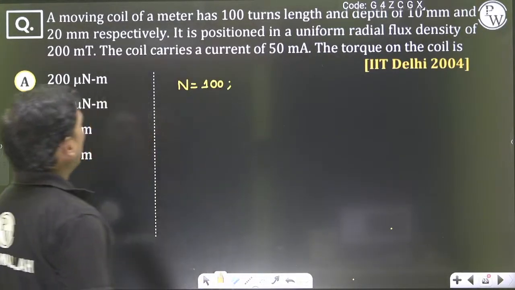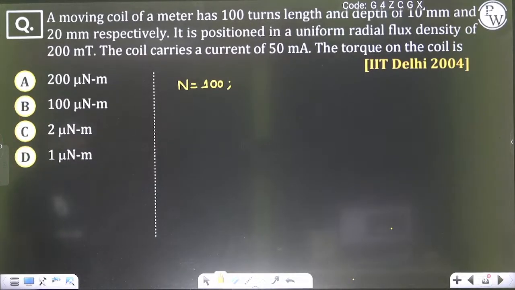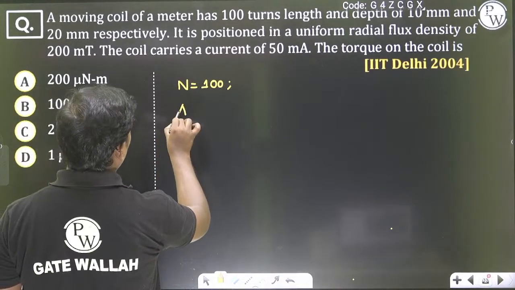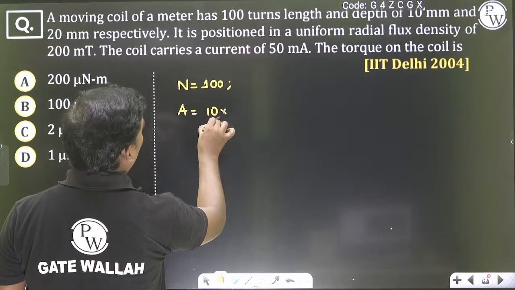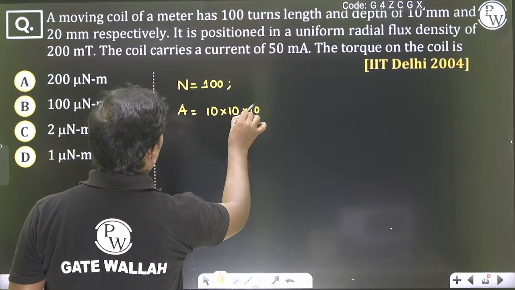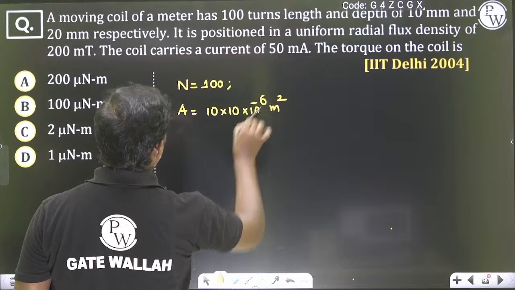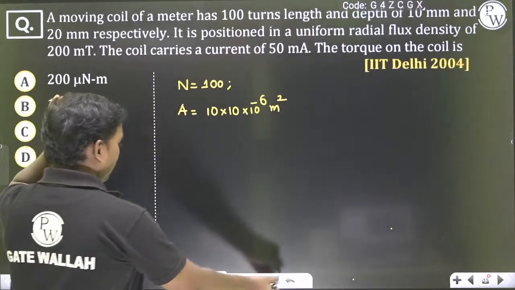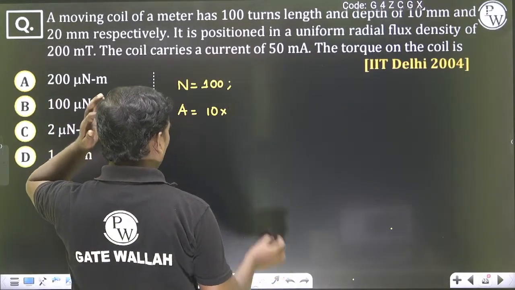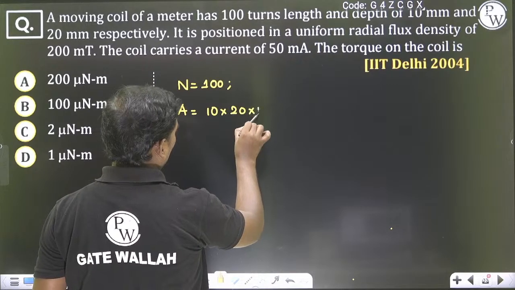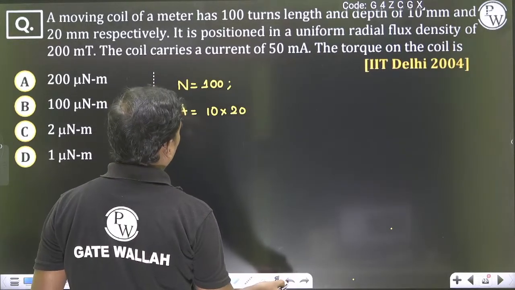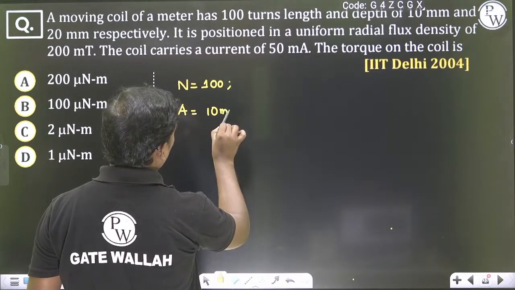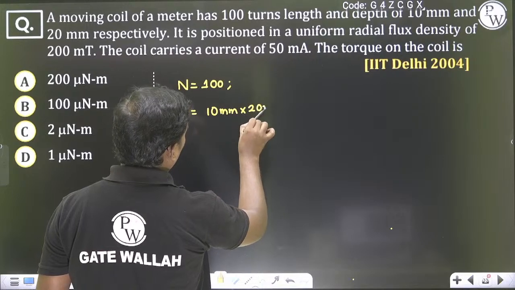A moving coil of a meter has 100 turns, with length and depth, that means area, 10 mm cross 20 mm.